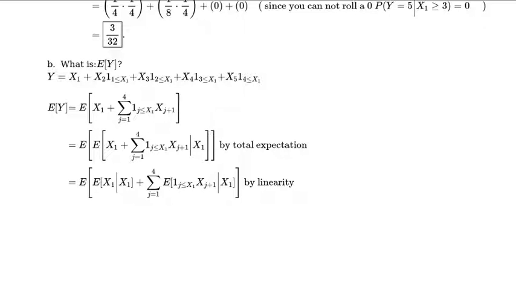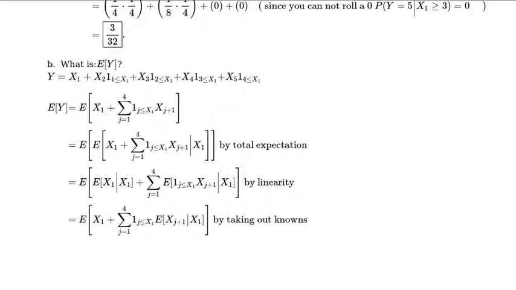So we could write the conditional expectation as the expected value of x1 given x1, plus the summation j equals 1 to 4 of x_{j+1} times the indicator that x1 is at least j, conditioned on x1, and then take the expectation outside of all of that.